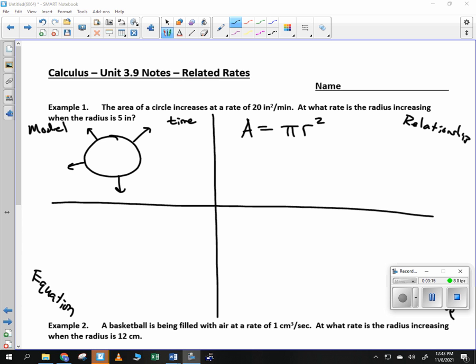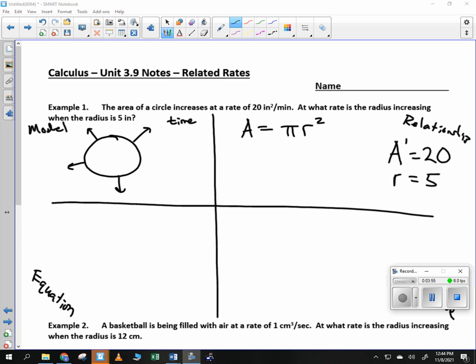So in other words, the area is not 20, but rather the derivative of the area is 20. Everybody see that? What else are you given? The current radius is 5. So when the current radius is 5 and the area is increasing at a rate of 20, at what rate is the radius increasing is our question.